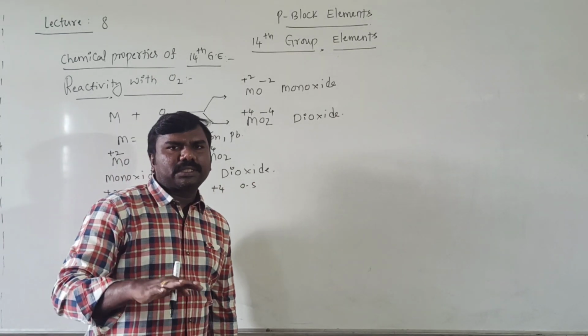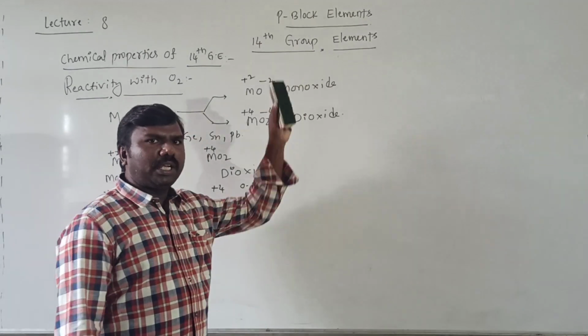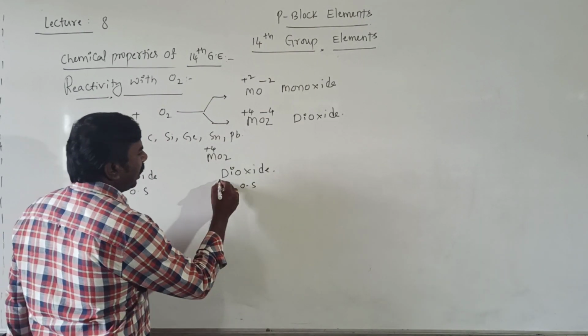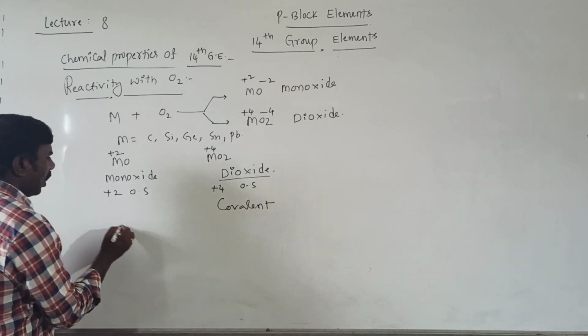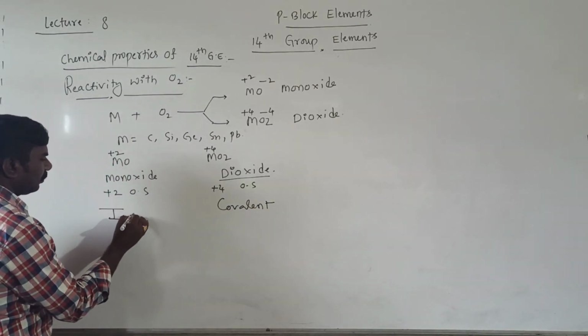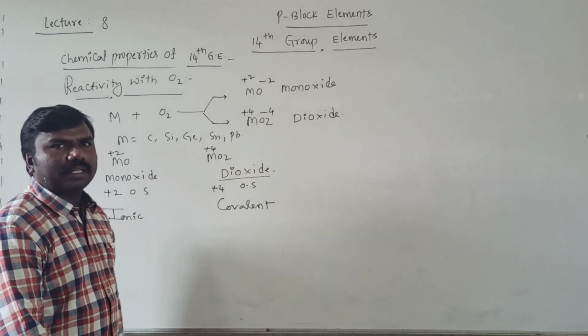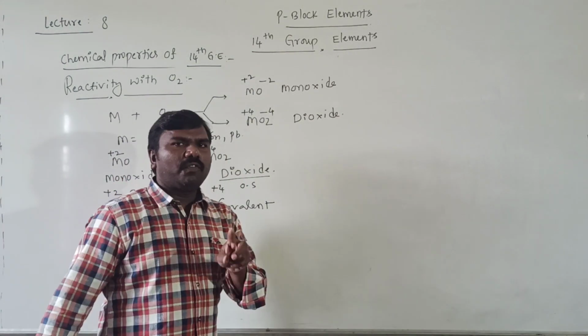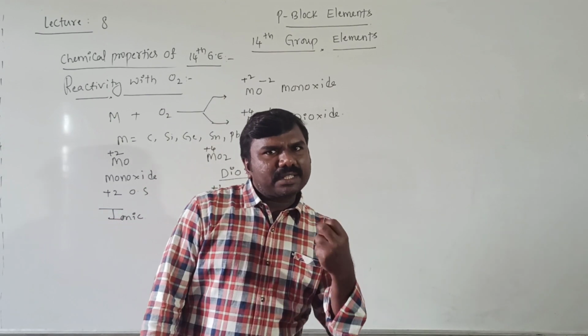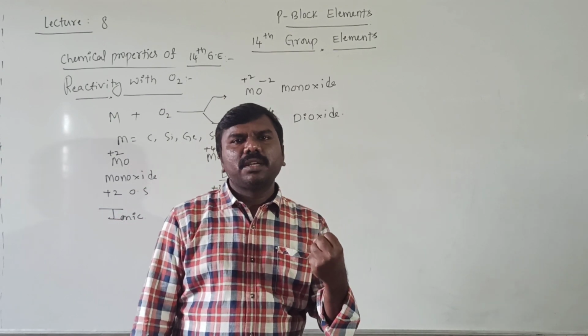Charge decreases, ionic nature; charge increases, covalent. Dioxides are covalent, very important. Monoxides are ionic. More charge, plus 4, means 4 electrons are deficient, so they can accept 4 electrons.